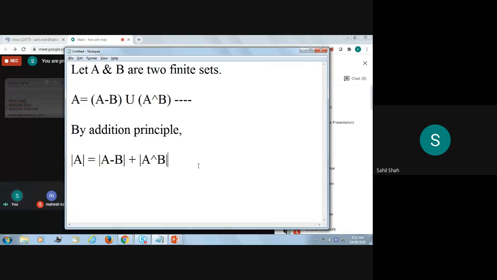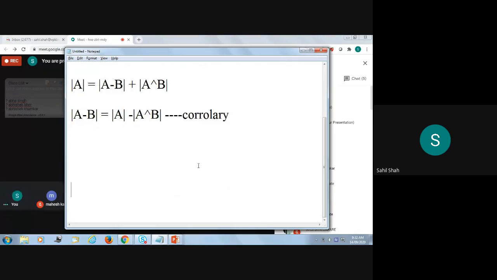So we have written cardinality of A equal to cardinality of A minus B plus cardinality of A intersection B. I can write it further: cardinality of A minus B is equal to cardinality of A minus cardinality of A intersection B. Let us keep this as a corollary. This will be crucial in further parts. And what to prove?